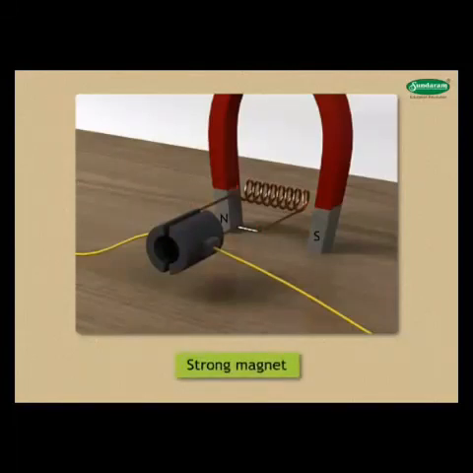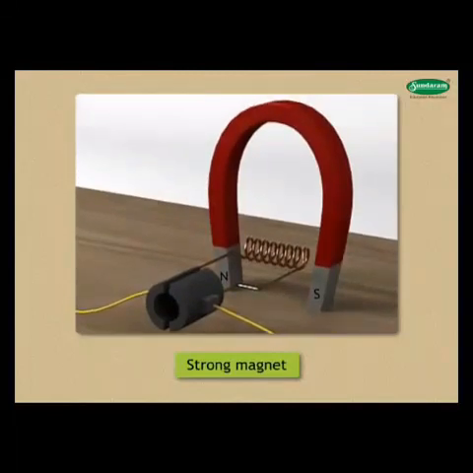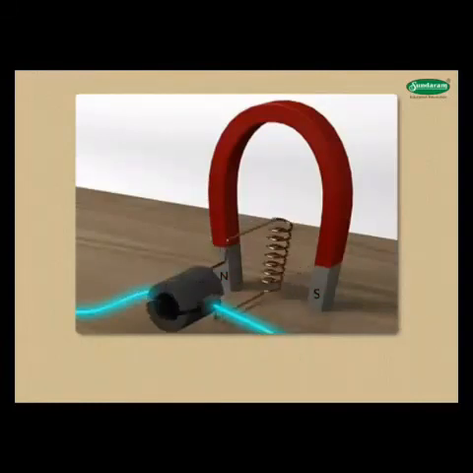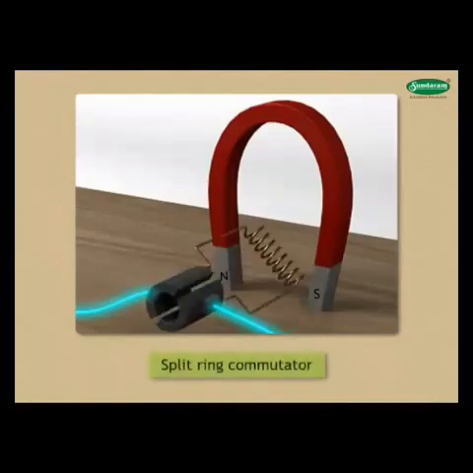Strong magnet. The armature coil is placed in between 2 pole pieces, N and S of a strong magnet. This provides a strong magnetic field. Split ring commutator. It consists of 2 halves R1 and R2 of a metallic ring.